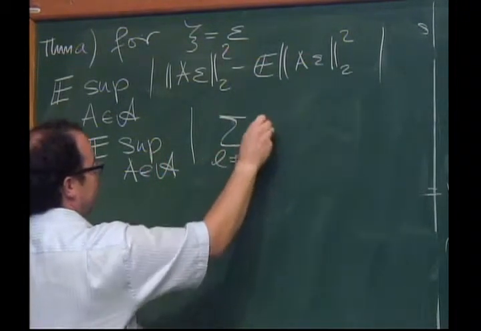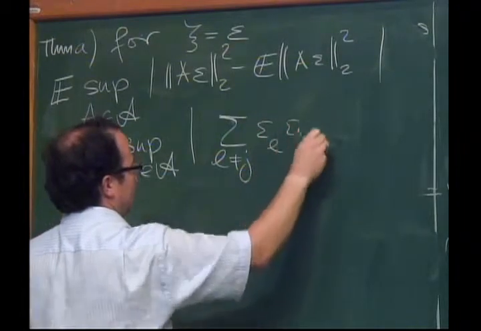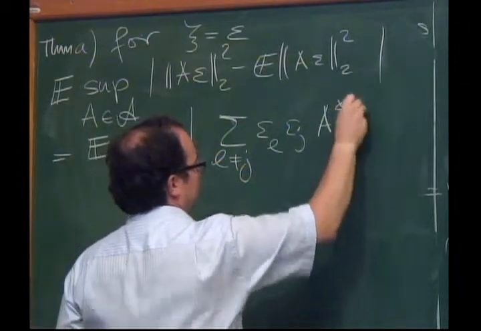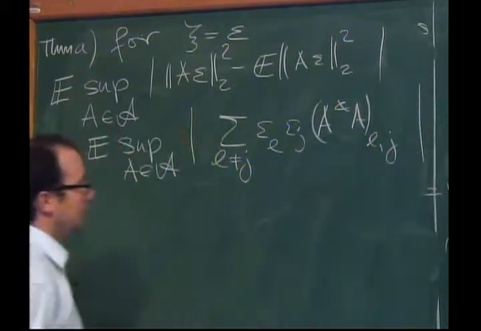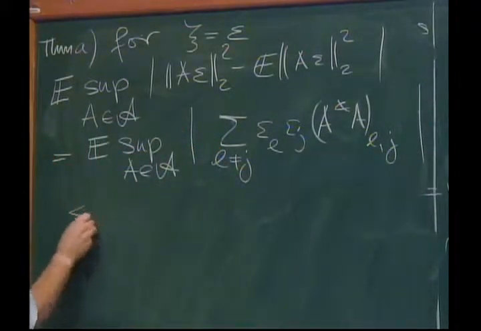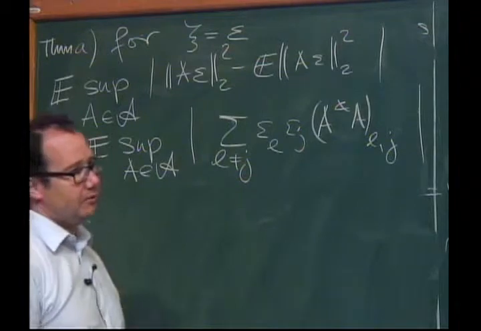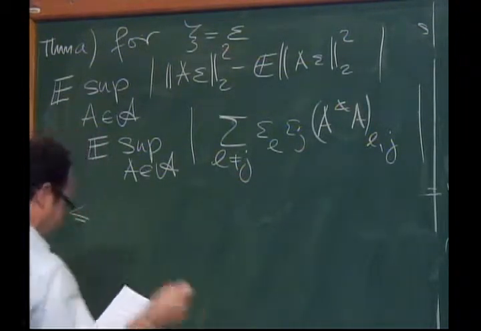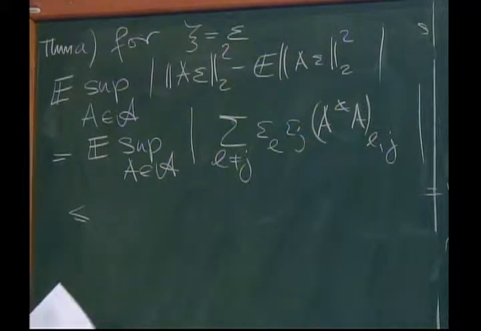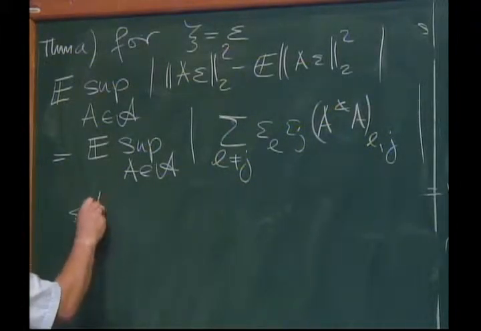That's this double sum. Okay, and now comes a step where we introduce this independent copy. So this is called decoupling.